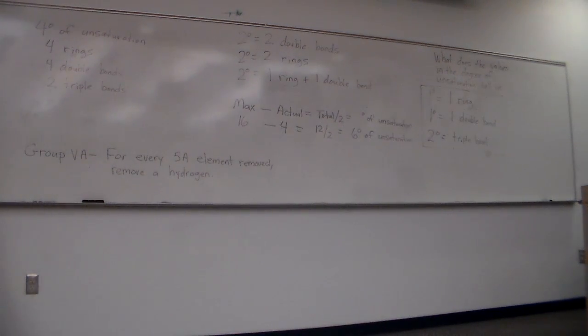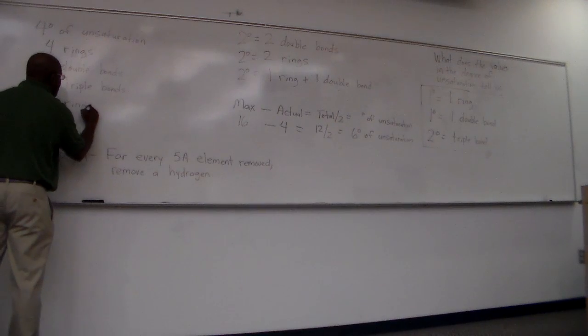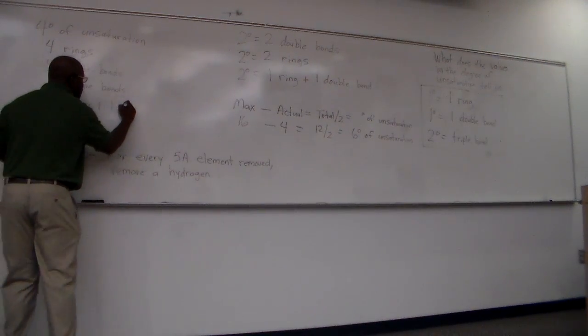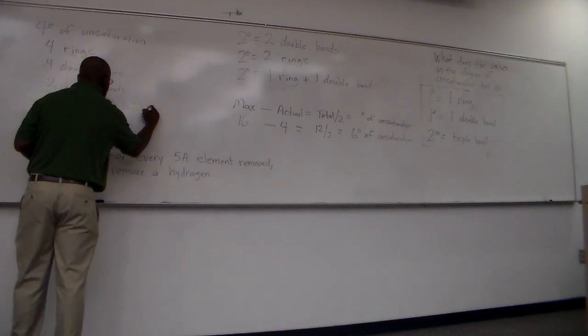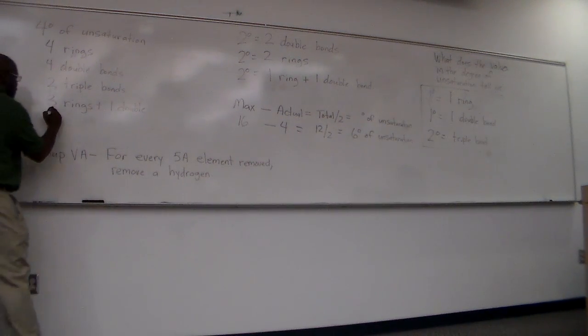Instead of doing 4 rings, you can do what? 3 rings and a double. A triple bond is already 3, so 3 plus what gives me 4? 3 rings plus 1 double. Or I can do 3 doubles and 1 ring.